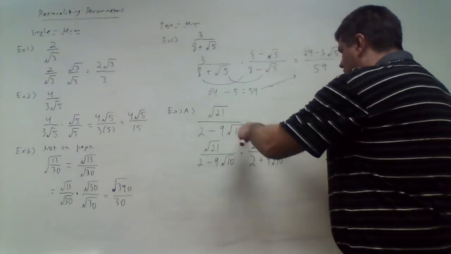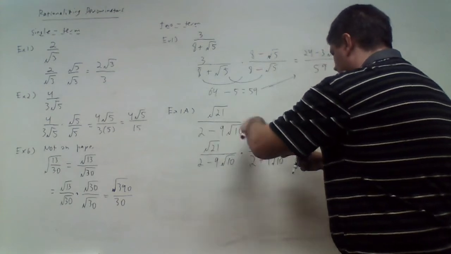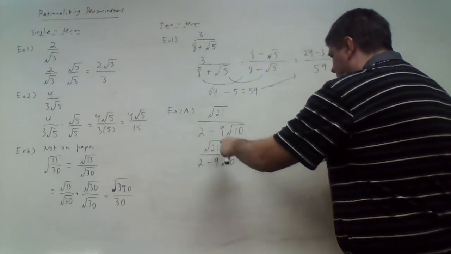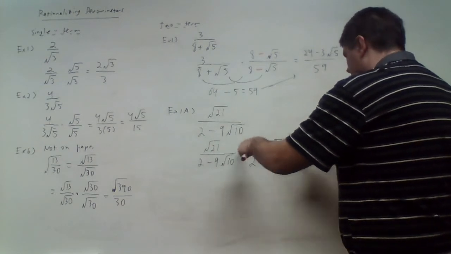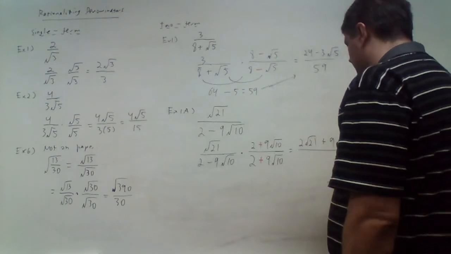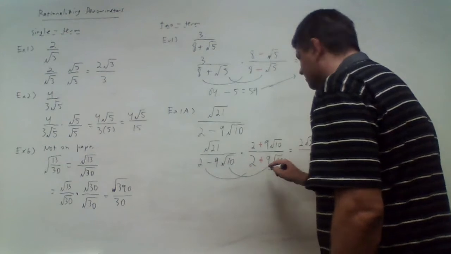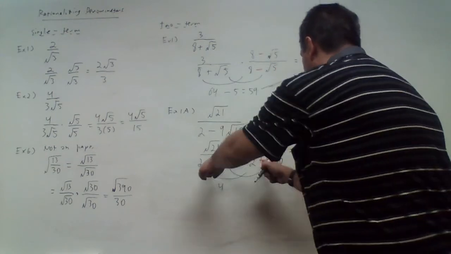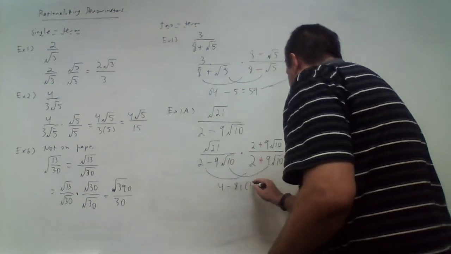So that will give you 2 times the square root of 21. And the 9 will be unaffected, but the square root of 21 times the square root of 10 will be the square root of 210. Okay? Down here, because these are conjugates, all you need to do is multiply them. So you will have 4 minus 81, and the square root of 10 times the square root of 10 is 10.